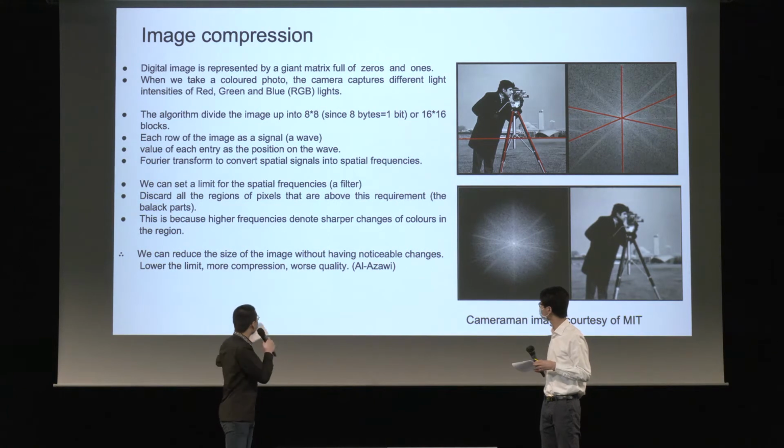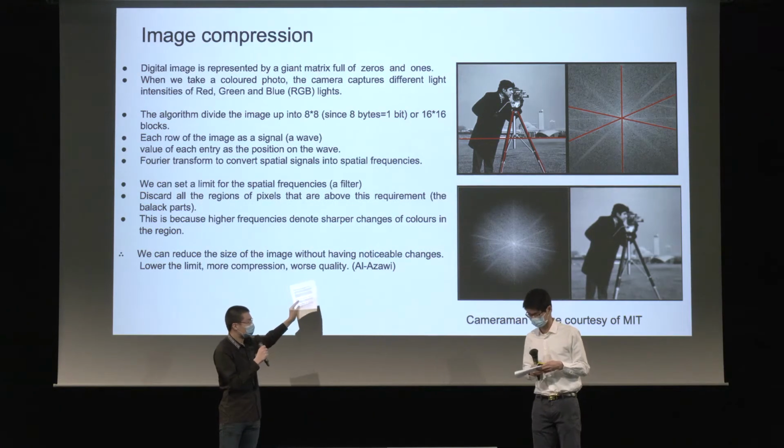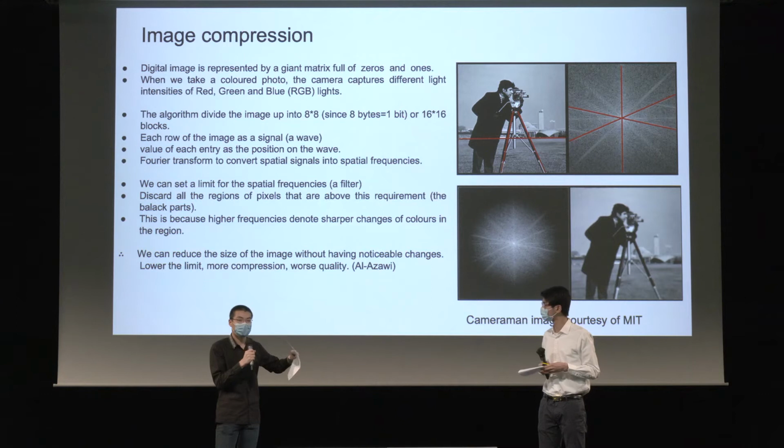Because human eyes cannot appreciate minute, sharp differences in colors, by eliminating the higher frequencies denoting sharper differences, we're able to reduce the size of the image significantly without losing much of the quality.